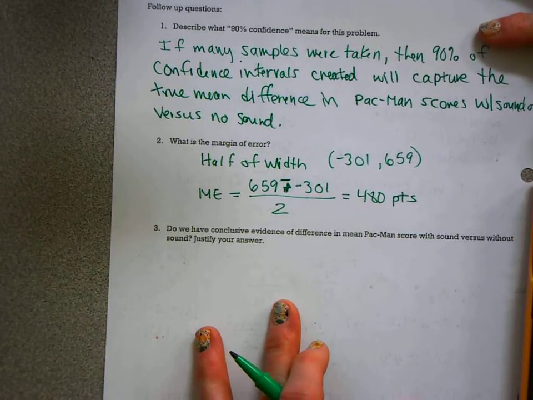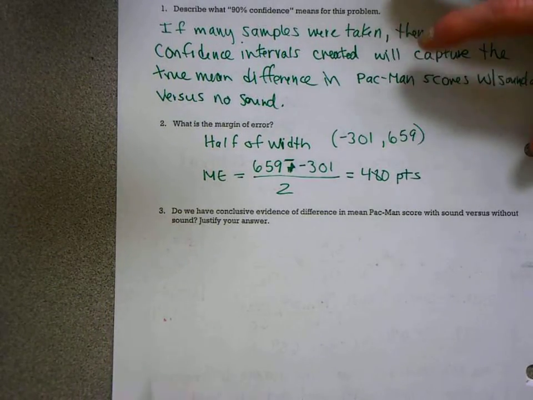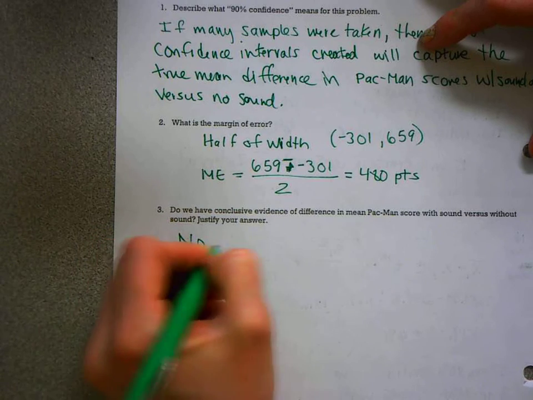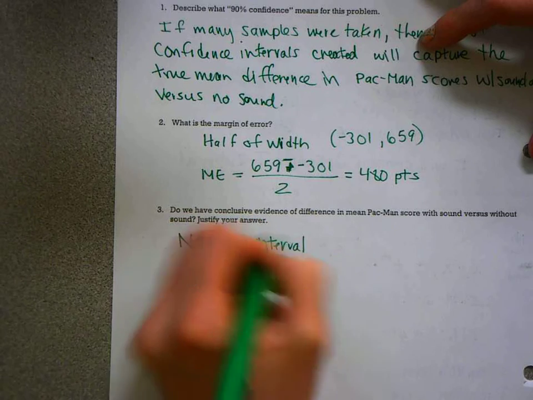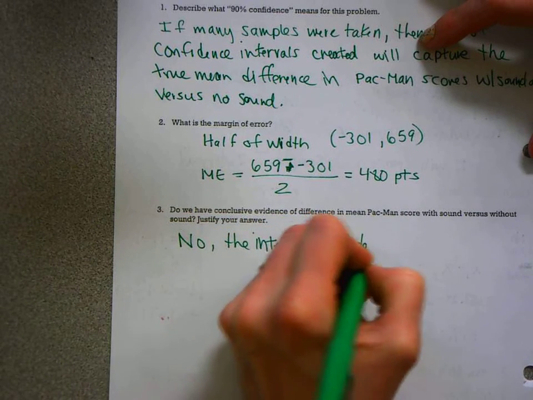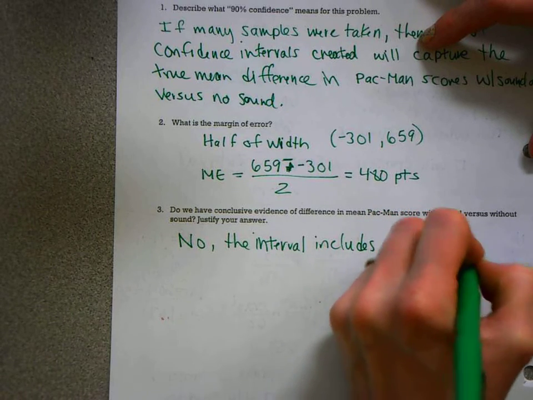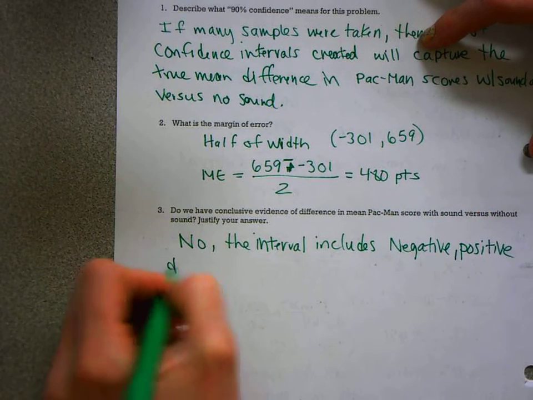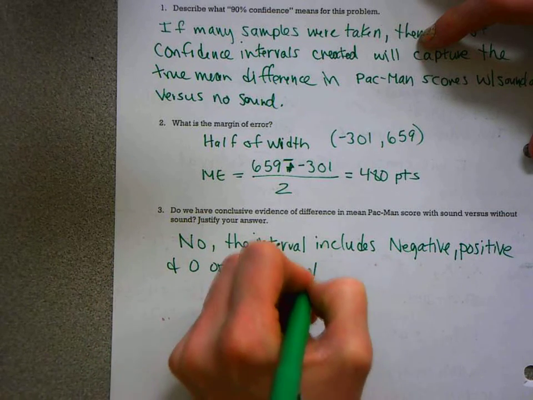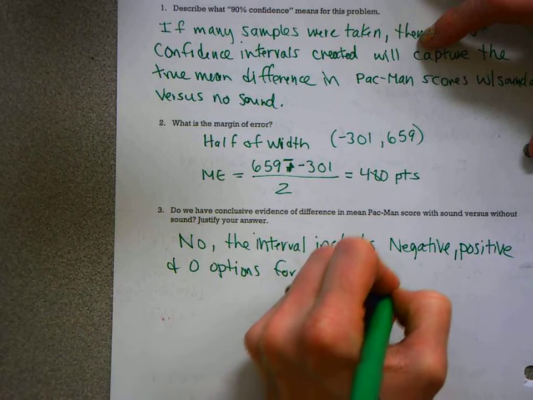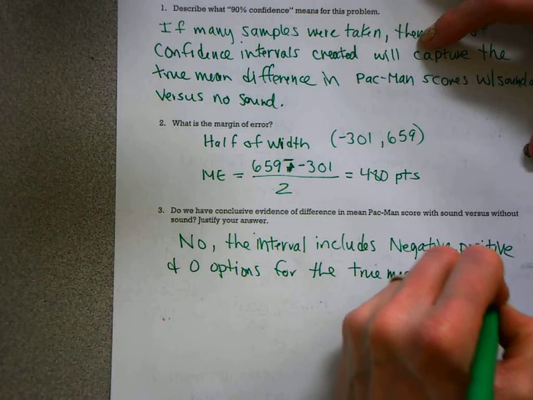And then finally, do we have conclusive evidence of a difference in mean Pac-Man scores? And the answer is no. The interval includes negative, positive, and 0 options for the true mean difference in Pac-Man scores.